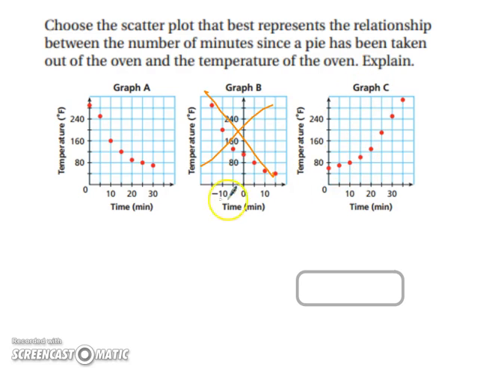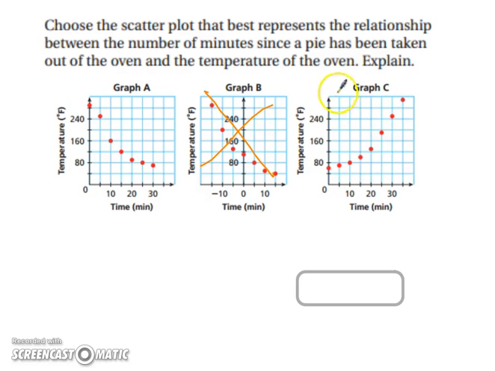Now let's look at graph A and C. In graph C, since the pie had been taken out of the oven, now mind you, when you take a pie out of the oven, chances are you turn the oven off. So if you look at graph C, after you took the pie out, the oven temperature is increasing.